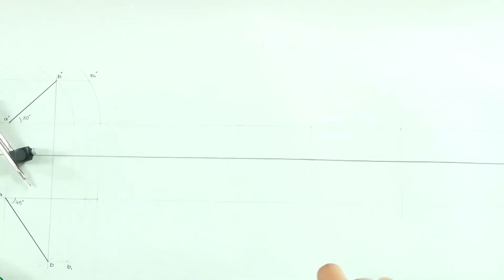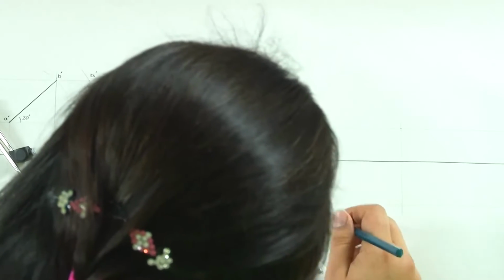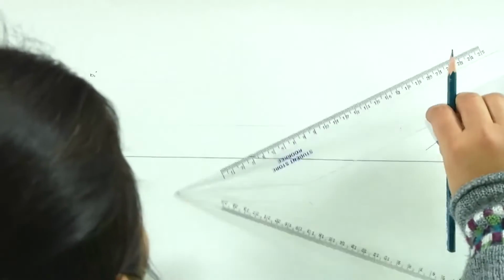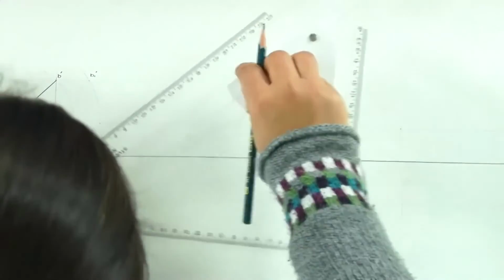Now, we have to incline it to both the planes at 45 degrees, assuming that it is parallel to one plane and at 45 degrees to the other. We will draw these lines at 45 degrees.